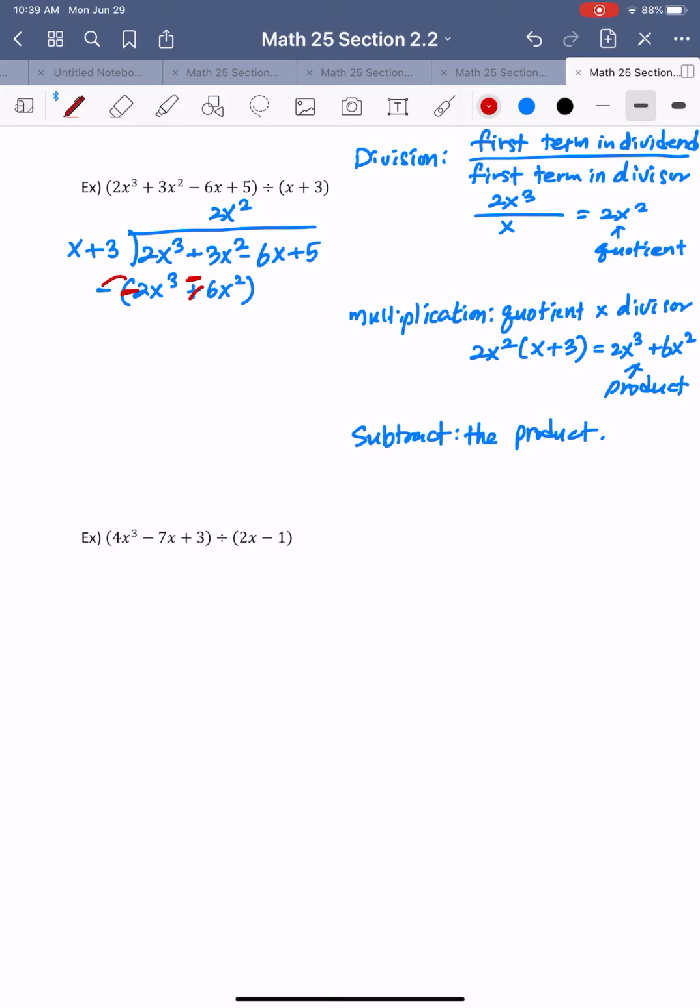So you have to change the signs. The best way to do it is, when you're subtracting a product, change the signs of the whole product.